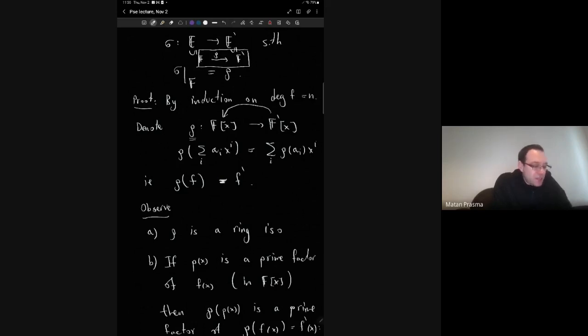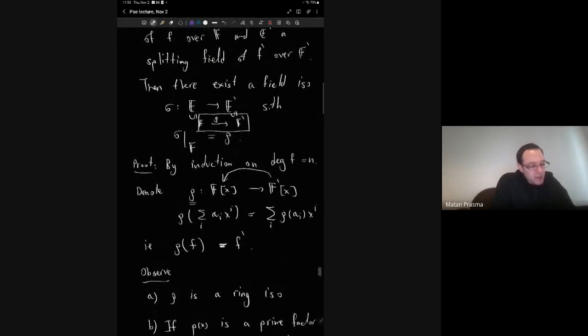Assuming the original rho was from F to F prime and an isomorphism, I have a map in the other direction, again a field isomorphism, which we typically denote as rho minus 1, such that the composition in each order is the identity map.